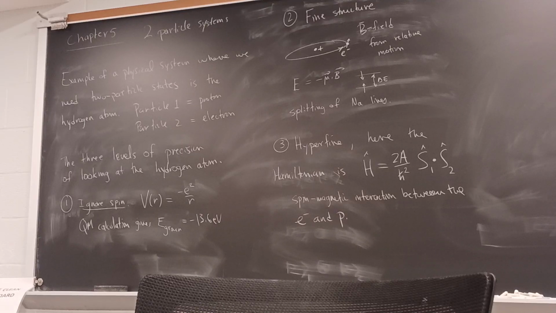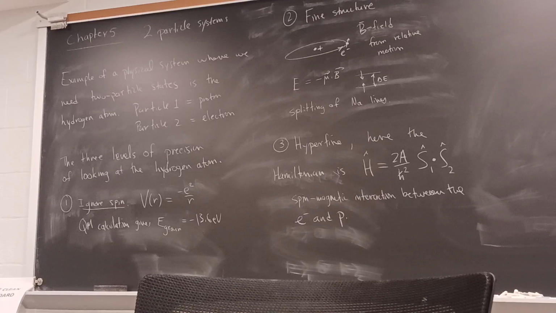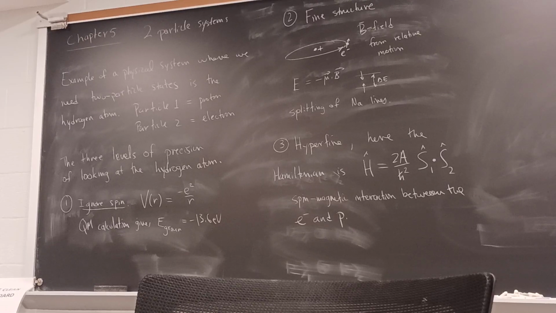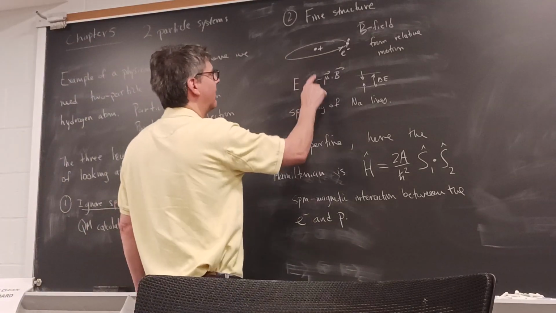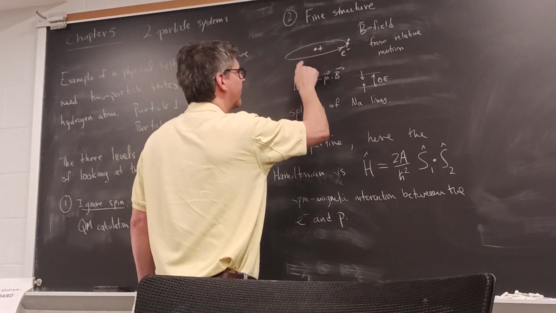Okay, so before we go on, are there any questions about this so far? Oh, good. Excuse me. So what is it that causes that fine structure splitting again? It's just the fact that you have an induced field from the orbital motion.